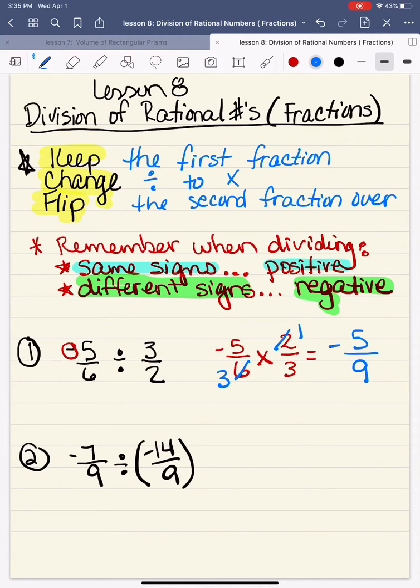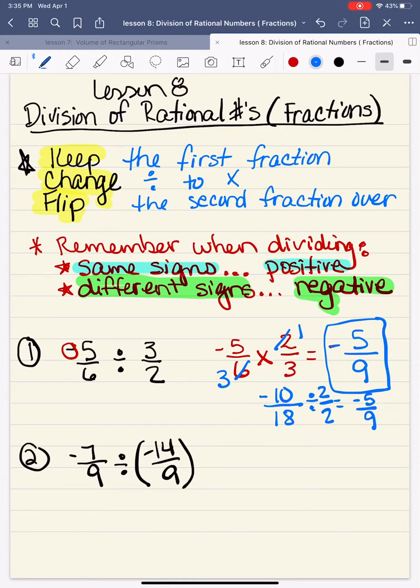So negative 5/9. If you don't want to simplify early like we did here, then you would have had negative 10 over 18. You would divide those both by 2. They share a common factor of 2, and then you would have had negative 5/9 as well.